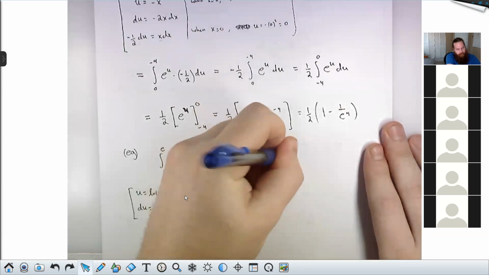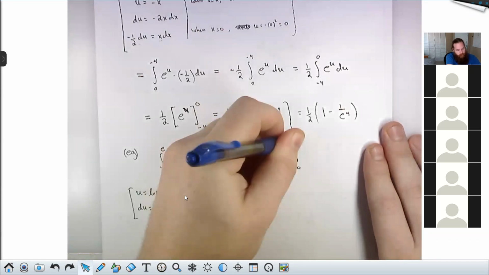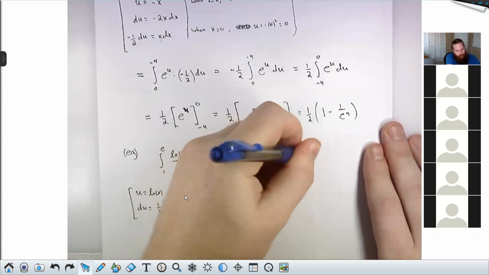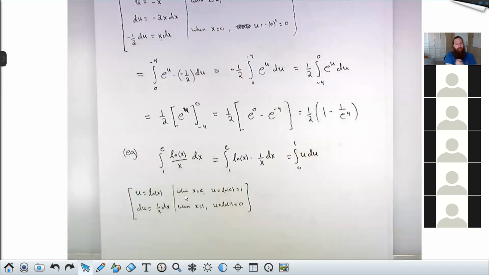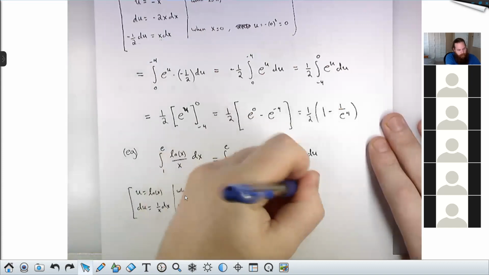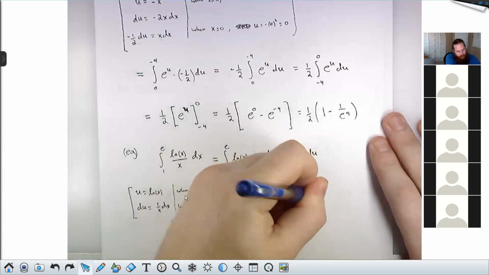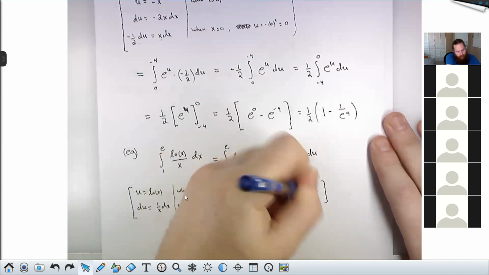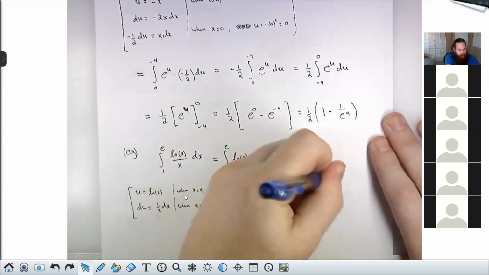So this is the same as the integral from 0 to 1 of u du, which is pretty cool. And now that's a straightforward power rule integral. I add 1 to the power and divide by that new power. And then I evaluate that between bounds.